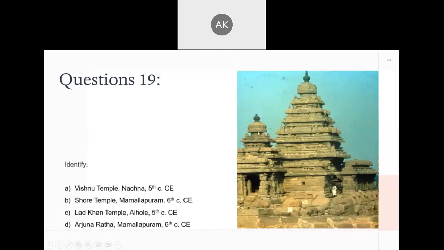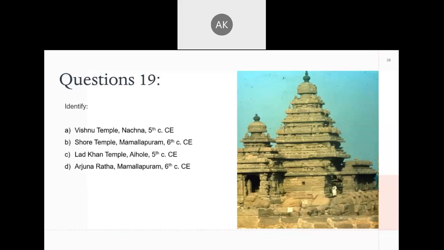Let me give the options: Vishnu temple at Nachna, Shore temple at Mamallapuram, Ladkhan temple at Aihole, or Arjuna Rath at Mamallapuram. So what is the correct answer?